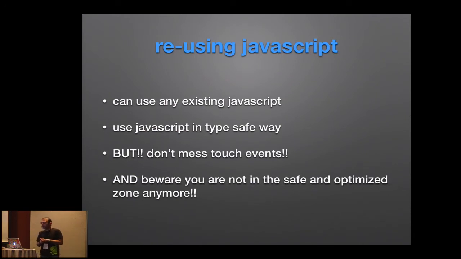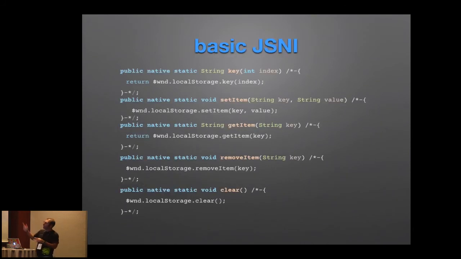So I was able to use JavaScript via JSNI. This is something I use in my projects most of the time, which just wraps the local storage, and you can easily use it in Java without doing much. It's just one line of JavaScript code which is hidden in these functions.